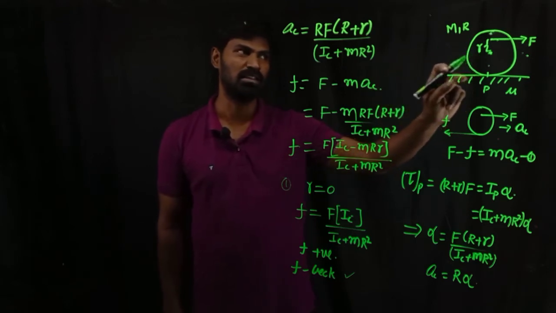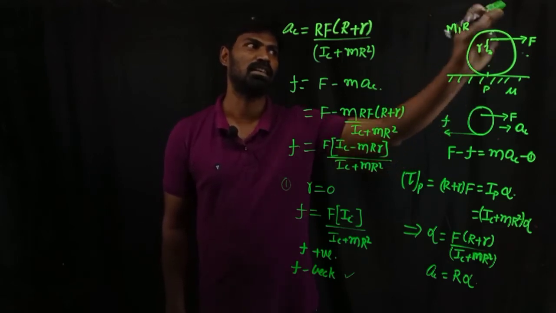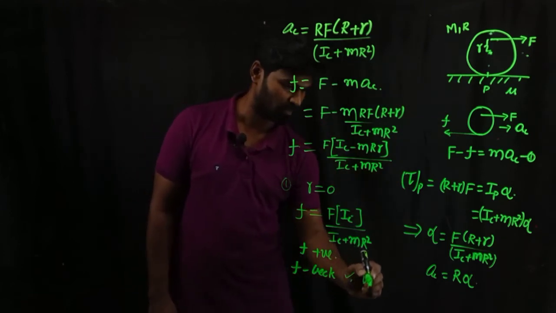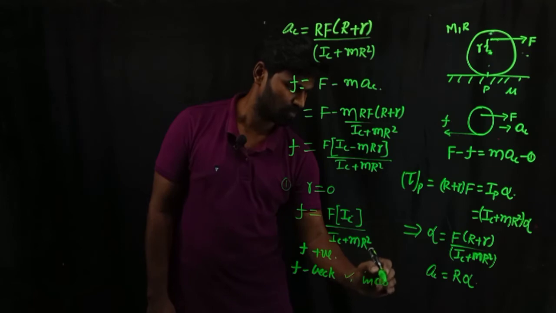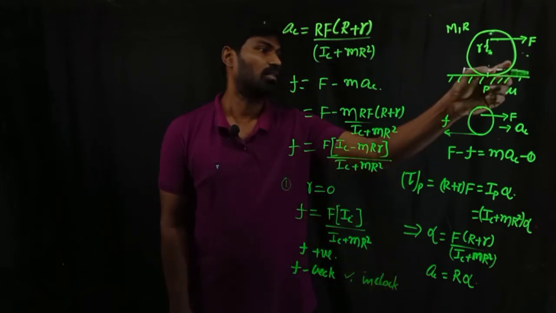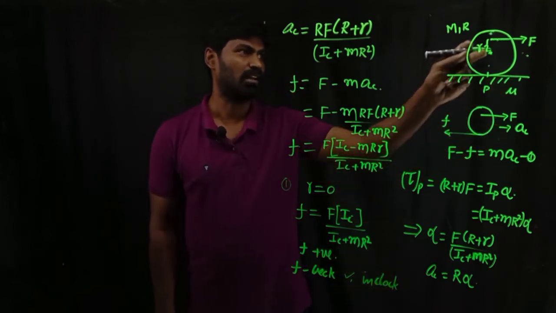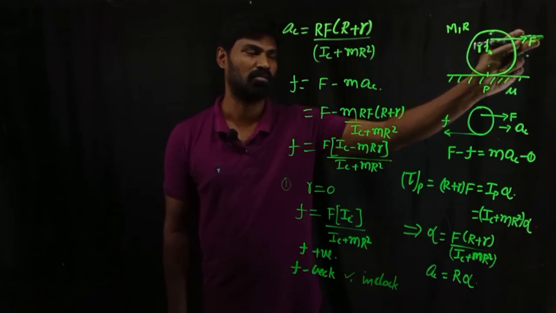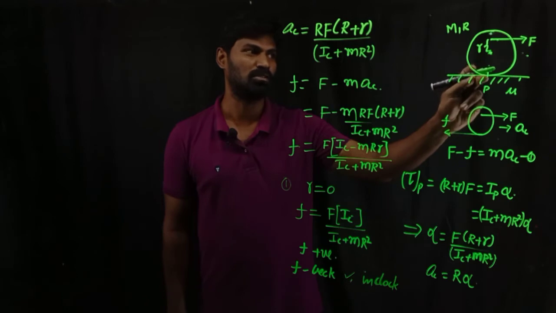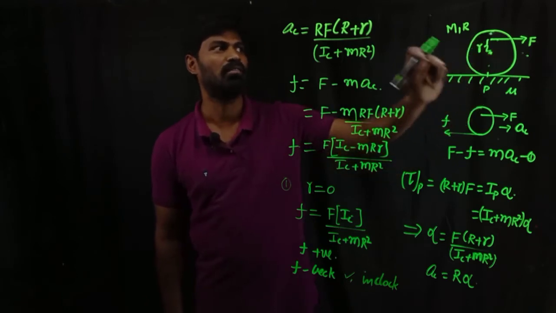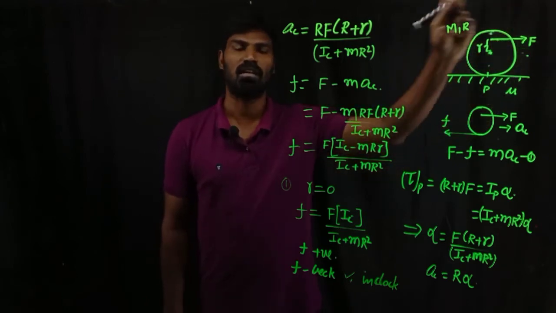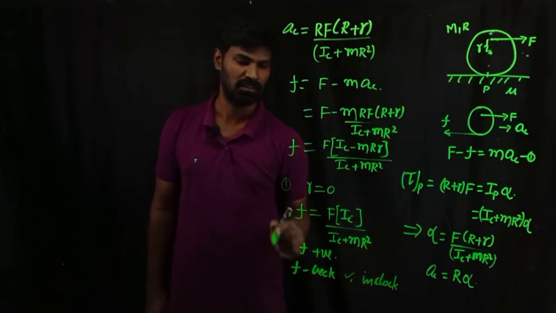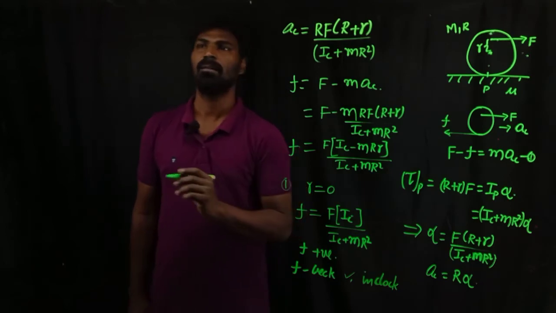So in this case, in which sense does the body rotate? It rotates in clockwise sense, because the frictional force is acting backwards and the line of action of applied force is passing through the center of mass. Torque due to applied force is 0, and the only force producing torque is the frictional force, which produces torque in clockwise sense, because of which the body has a tendency to rotate in clockwise sense. This is observation number 1.